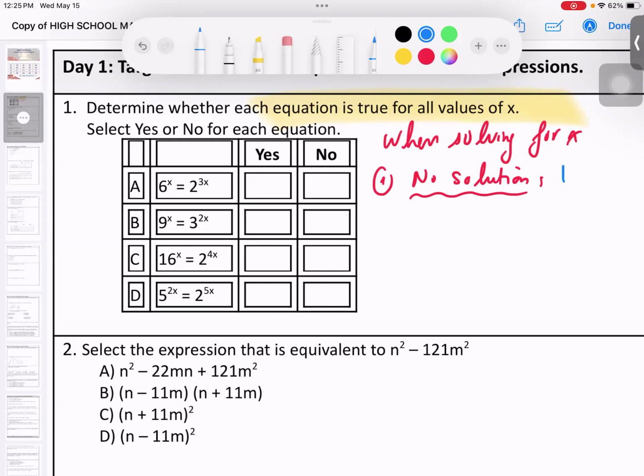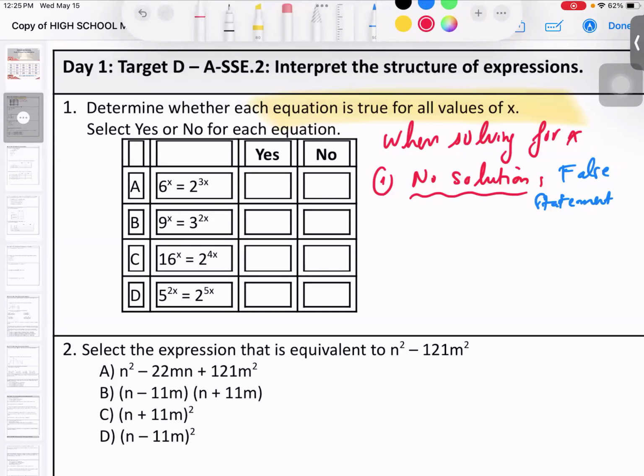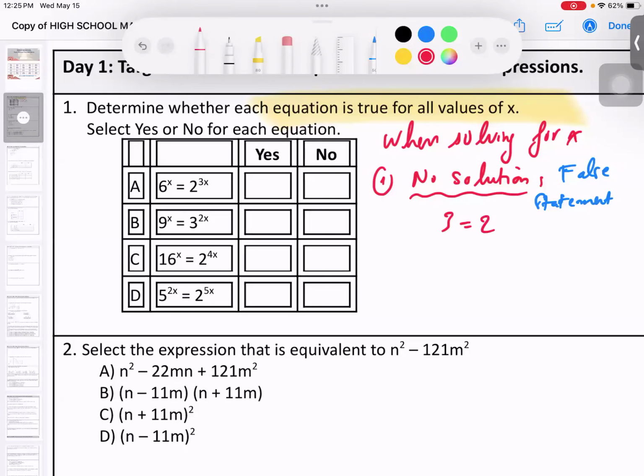If you solve everything, and then you eventually get something wrong, like 3 equal to 2, for example. Yeah, so that's like you get a false statement back. That means no solution. No matter what number of x you put in, you still get false.